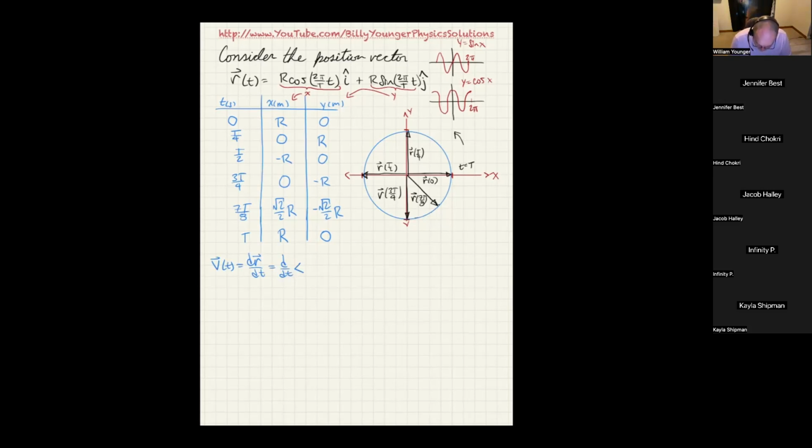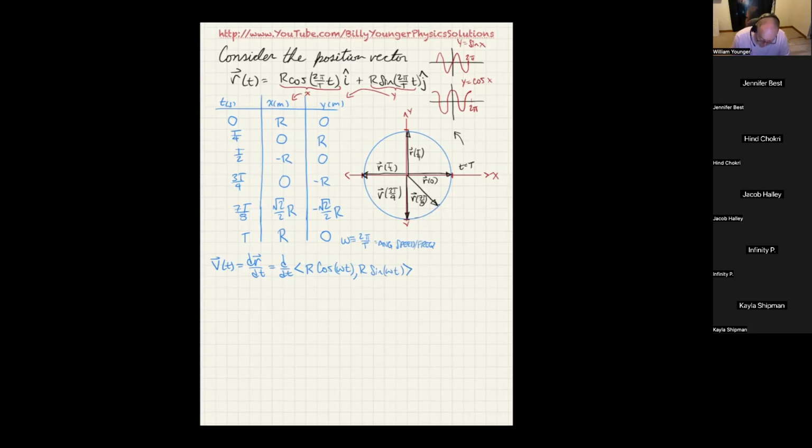I'm going to make this a little easier by calling this r cosine omega t, because omega is a lot less to write than 2 pi over T, and it turns out that omega is exactly the right answer. So omega is defined to be 2 pi over T, and it's called the angular speed, or frequency. And then the y component, of course, is r sine omega t.